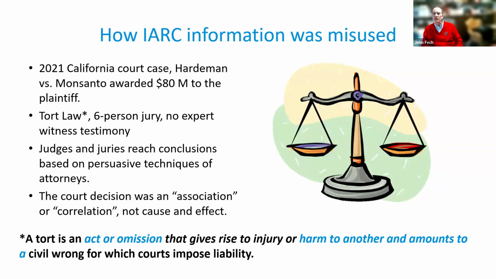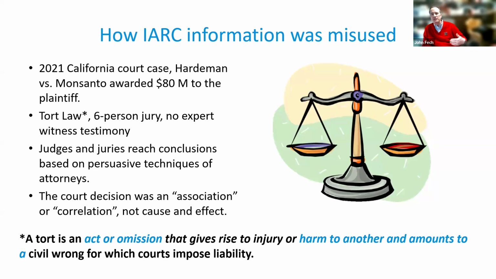It's interesting when you look at the actual court case, how the IARC announcement was misused. In 2021, so just 3 years ago, the family of, I forgot the fellow's name, Hardiman is his last name, versus Monsanto, who owned the product at the time, awarded $80 million to the plaintiff, which was Hardiman.